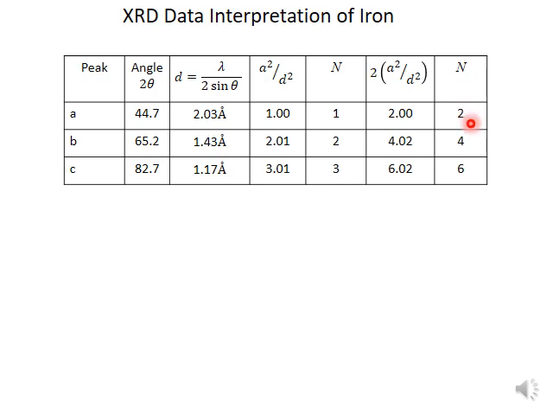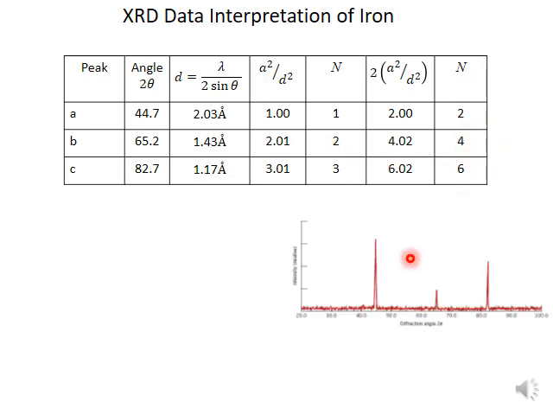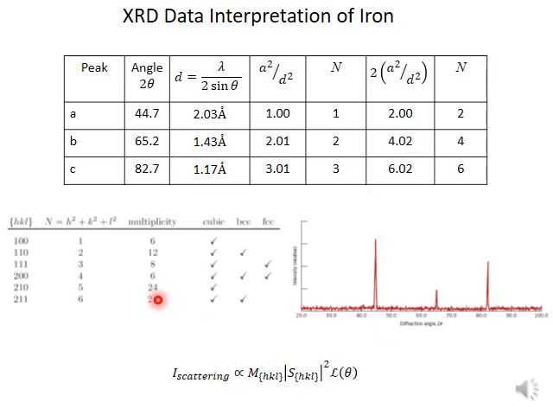So which one is true, this or that? And the answer is in the intensities of these three peaks, especially these two peaks. So let's look at the intensity. Intensity depends on the multiplicity, which is this number, apart from these other two factors.